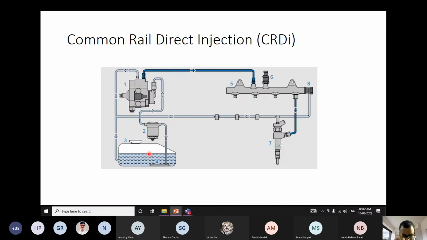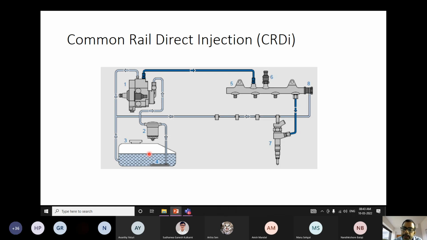Now let us see what flexibility we have, how the CRDI system controls the fuel pressure and all sorts of flexibility. In the last class, and in so many classes, I have discussed that with an advanced fuel injection system in the diesel engine like CRDI, we have so much flexibility, so many options we can play with. For example, one is that we can vary the fuel injection pressure.